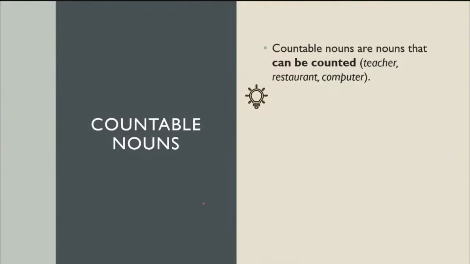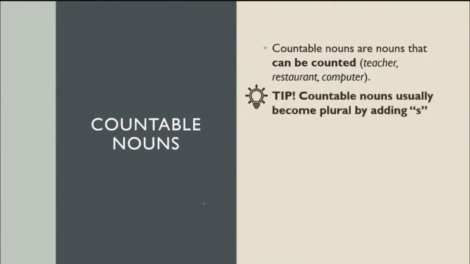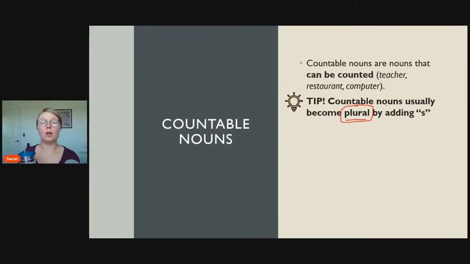So here's a tip. How can you know a noun is countable? Countable nouns usually become plural by adding s. If you don't know, what does this word mean? Plural. Plural is when we have more than one of something. So if I have 1 cup, that is singular because there is 1.